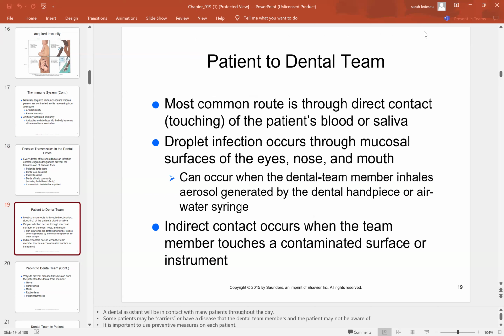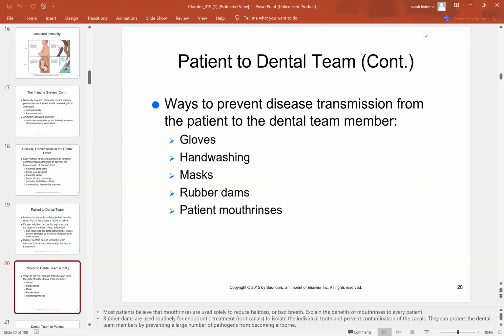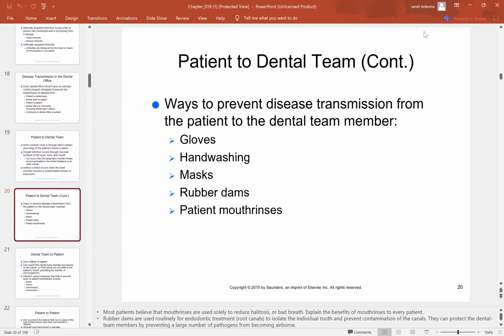Droplet infection occurs through mucosal surfaces of the eyes, nose, and mouth. Indirect contact occurs when the team member touches a contaminated surface or an instrument. Ways to prevent disease transmission from patient to dental team member include using gloves, hand washing techniques, masks, rubber dams, and mouth rinses.